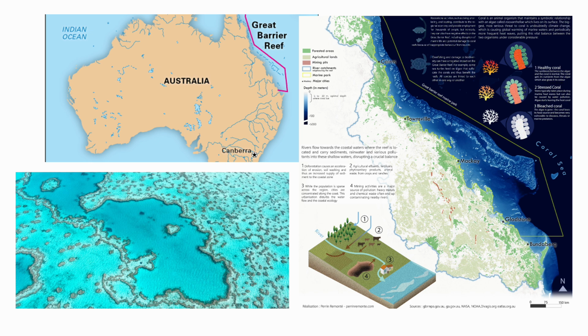It contains over 3,000 individual reefs and around 900 islands, supporting more than 1,500 fish species and 400 coral species, and hundreds of marine animals. It is a UNESCO World Heritage Site and contributes over $6 billion annually to Australia's tourism economy.